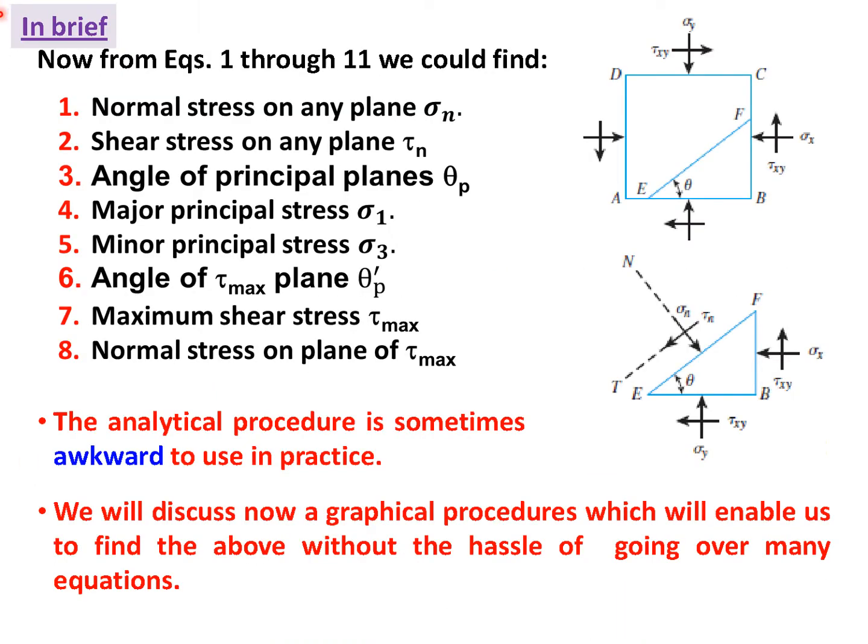In brief, if you look at the various equations present on the previous slides, equation number 1 to equation number 11, we could find normal stress on any plane sigma n, shear stress on any plane tau n, angle of principal plane theta p, major principal stress sigma 1, minor principal stress sigma 3, angle of tau max plane, that is theta p dash, maximum shear stress, and normal stress on the plane of tau max.